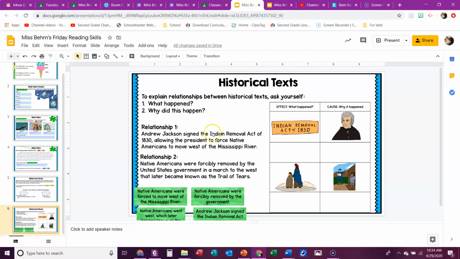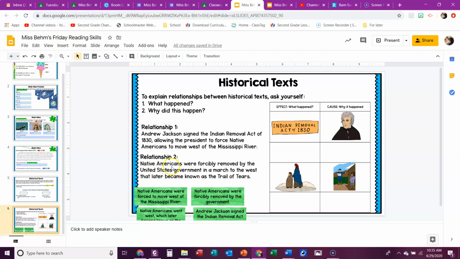So Andrew Jackson signed the Indian Removal Act of 1830, allowing the president to force Native Americans to move west of the Mississippi. So the effect is the Indian Removal Act of 1830, and why it happened was because Andrew Jackson signed the act.